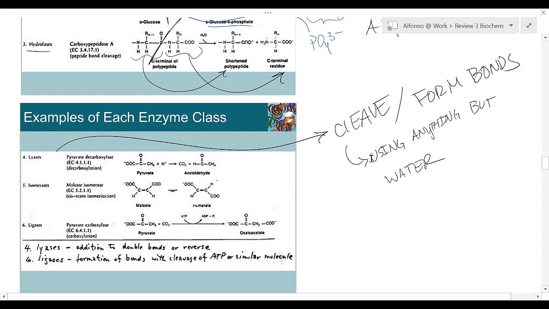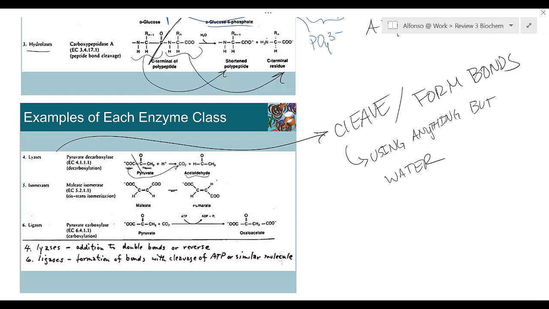So you ever see a cleavage reaction, as you'll see here? You see how this acetaldehyde has this part right there, but it's missing this CO2, which is right there. That's how you know a cleavage was done, and there's no water here, so therefore it is not a hydrolase.